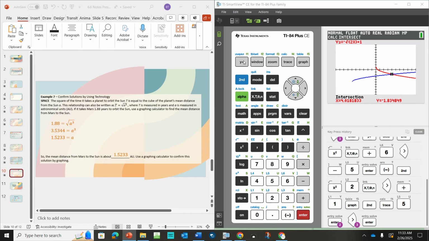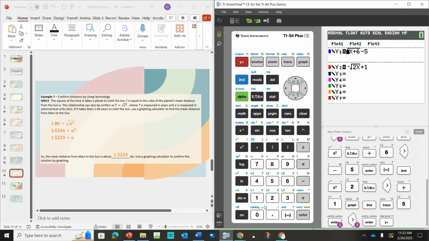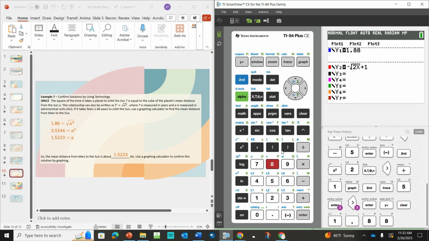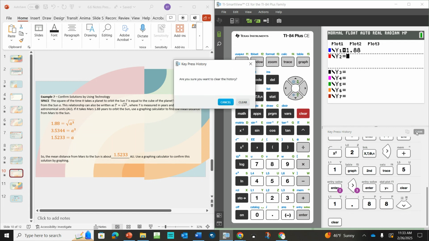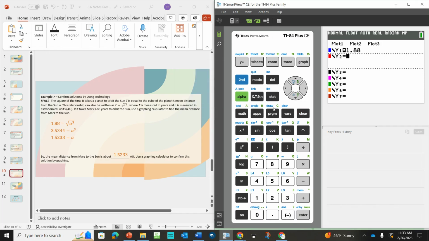So I'm going to enter in 1.88 for y1. I'll clear out this for us. And then on the y2, I'll enter what we had on the right-hand side, so square root of x cubed.